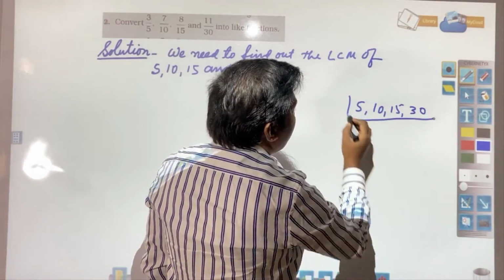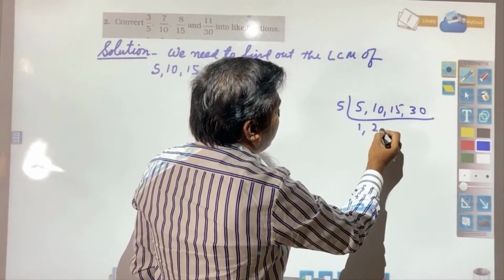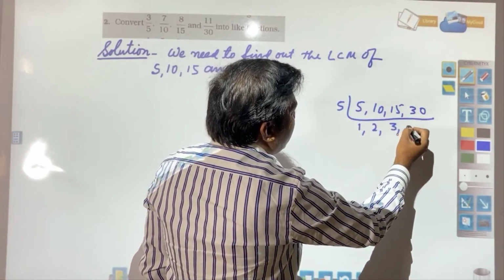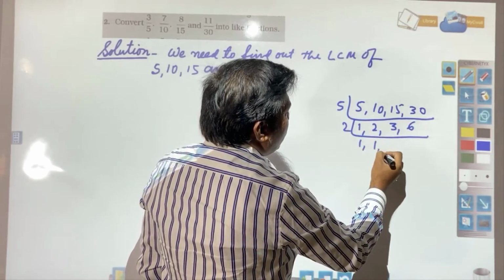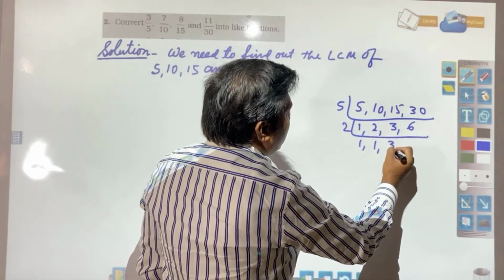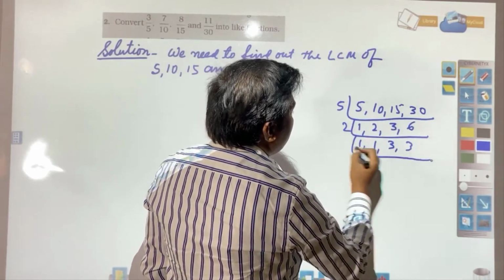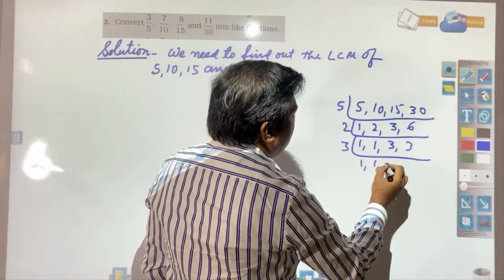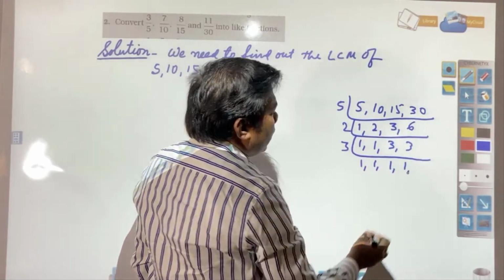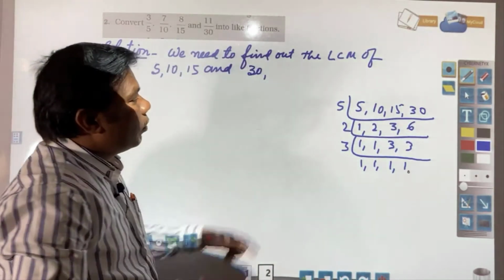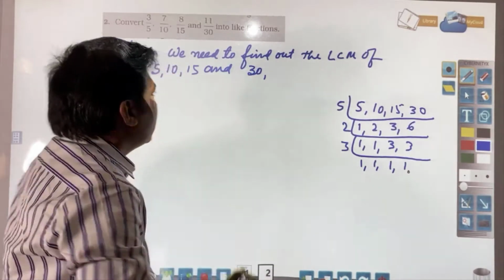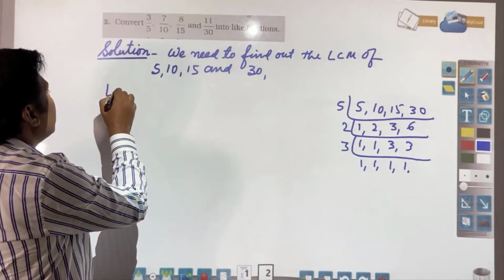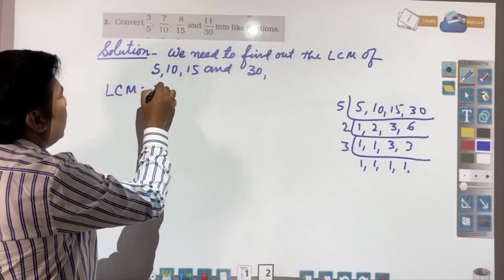Here you see 5 1s are 5, 5 2s are 10, 5 3s are 15 and 5 6s are 30. 2 1s are 2, 2 3s are 6, and 1 and 1. So what you have got? 5 into 2 into 3, 5 2s are 10, 10 3s are 30. So the LCM you have got is 30.